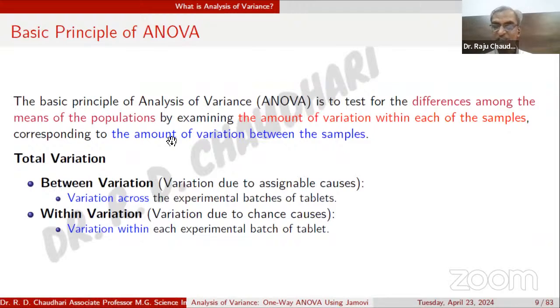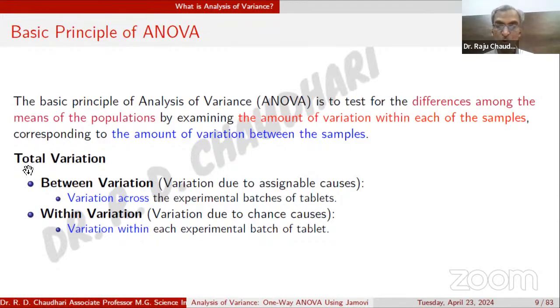As explained earlier, the basic principle of analysis of variance is to test for the difference among means by examining the amount of variation within each of the samples relative to the total amount of variation.